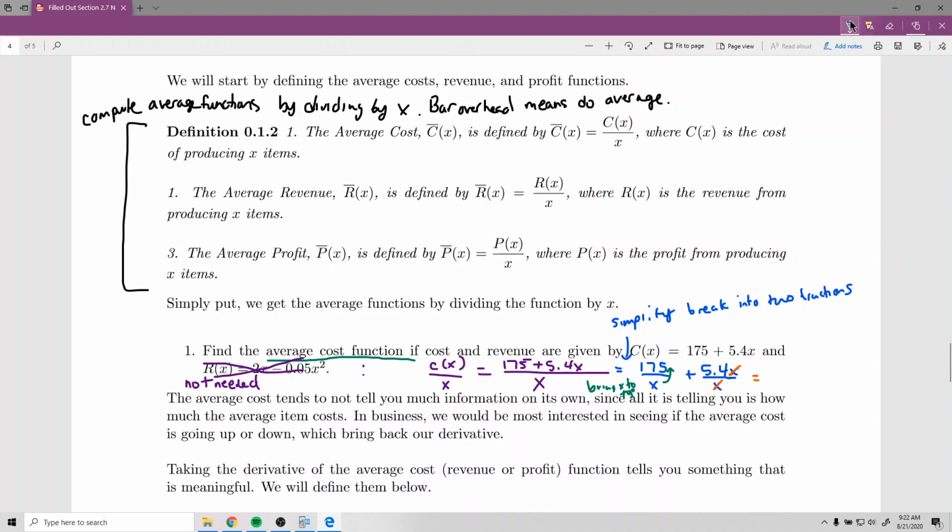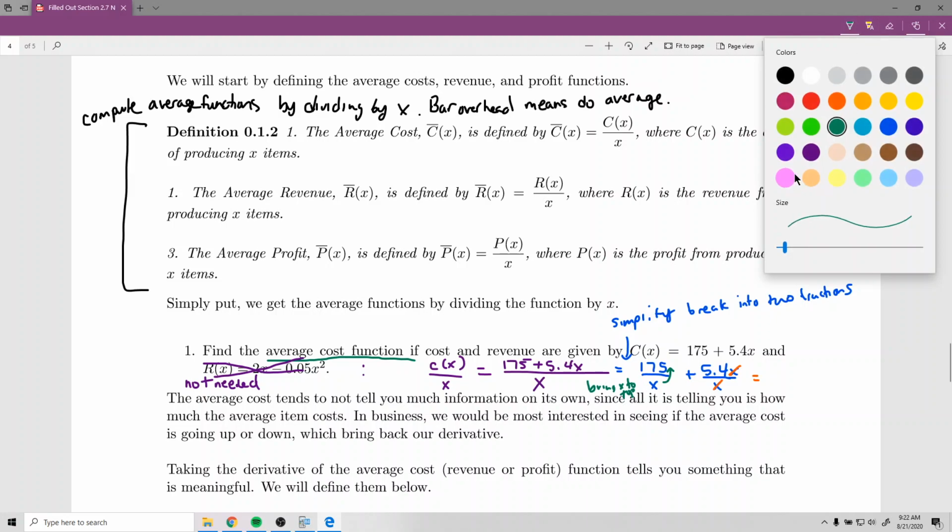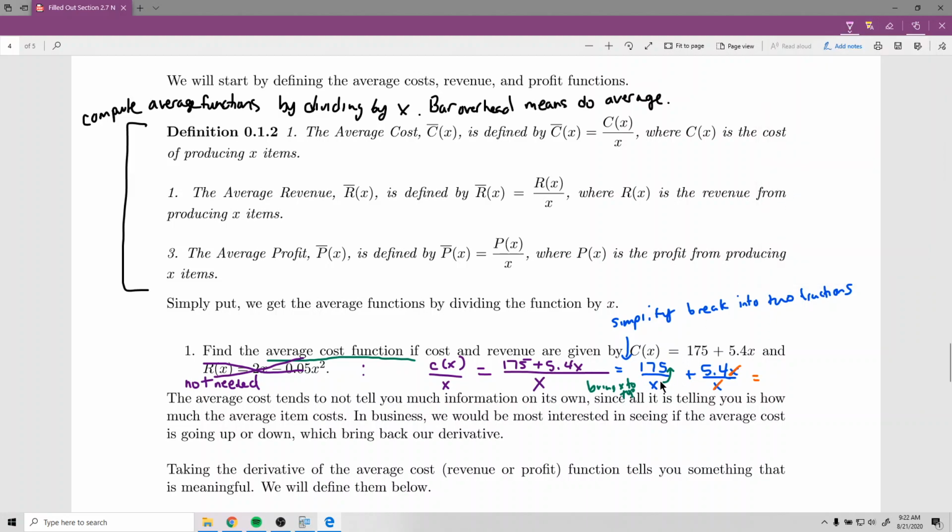And we know when we bring it to the top, what we've got to do is change the sign on the exponent. Since it's just x, it's really x to the 1 power. When we bring it to the top, we change the sign on the exponent. So it becomes x to the negative 1 power. We're not moving the 175. You're only moving the x up. And the back thing is only 5.4.